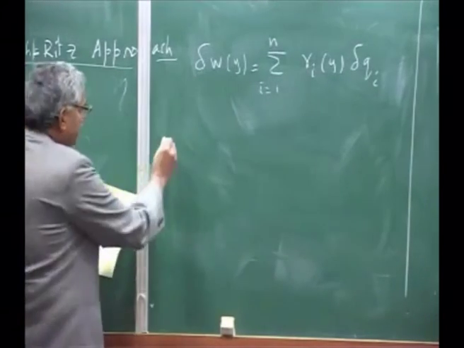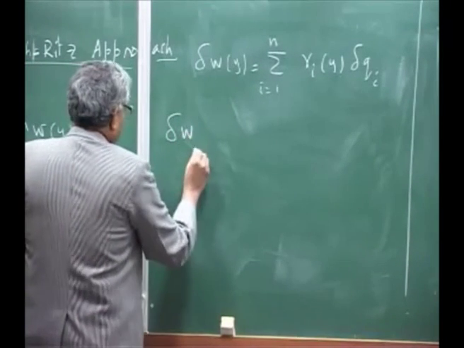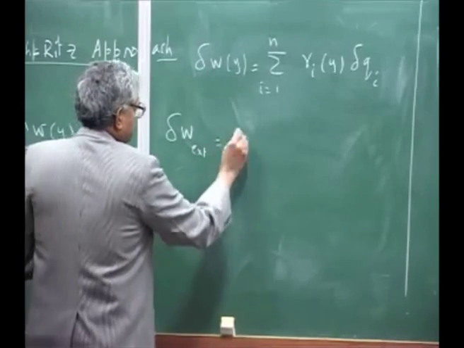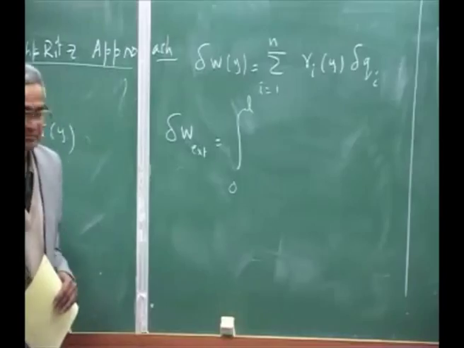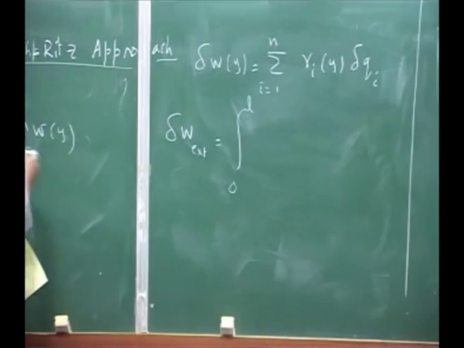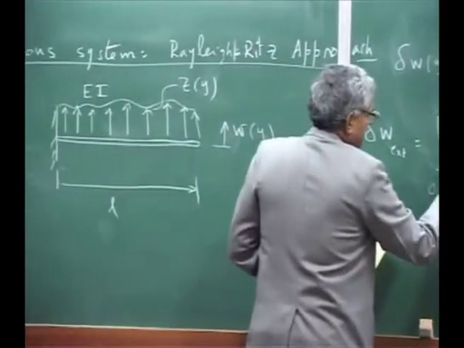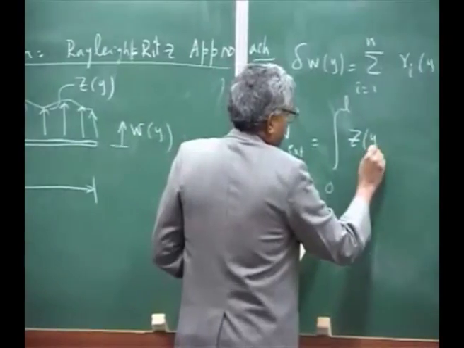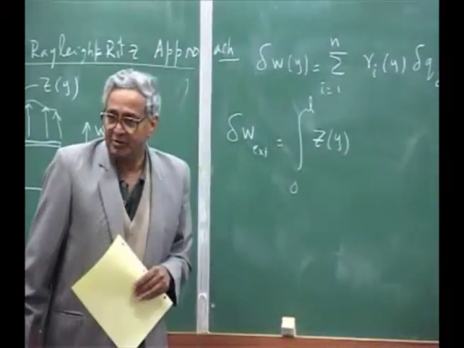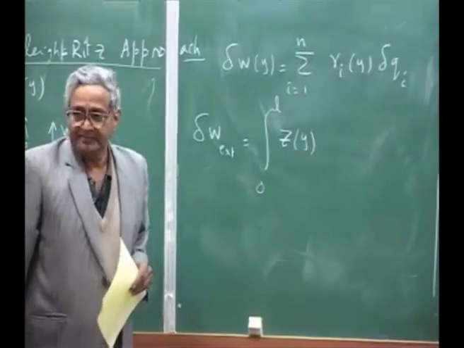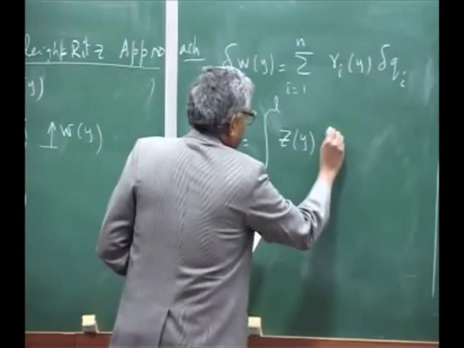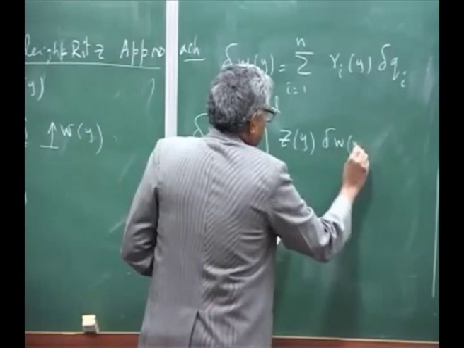Now delta W external is integral 0 to L, not Fz, that is Zy, delta Wy. So I can write it delta Wy dy.